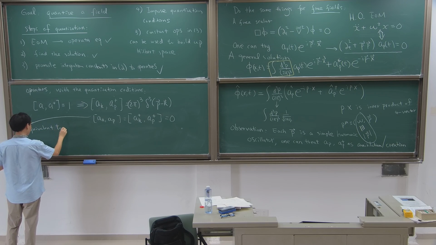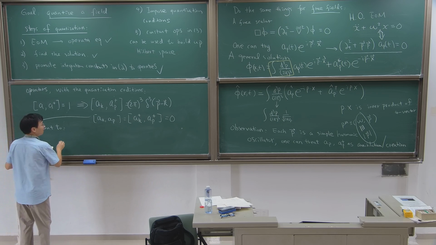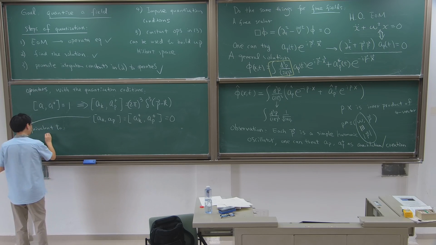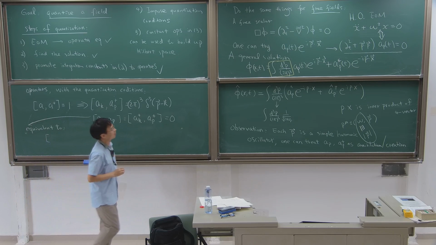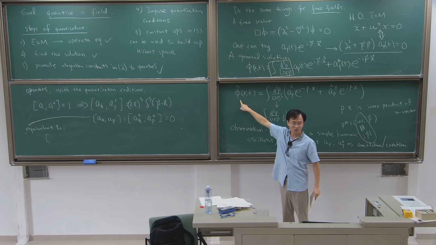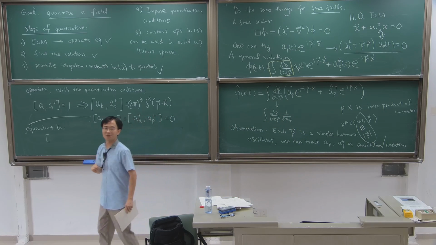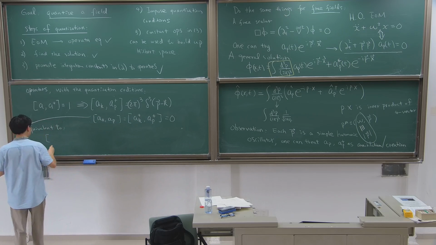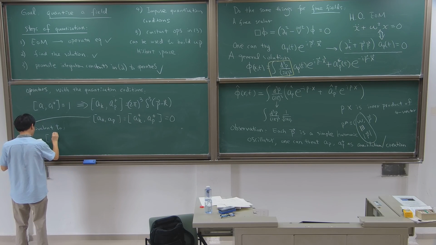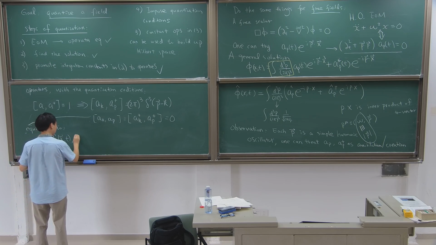Some other form, for instance: now we know all these phi we promoted already to operators, right? There's no more classical field. Now phi is an operator. You can also talk about the commutators of phi. For instance, you can try to work out the equal time commutators between phi and phi.